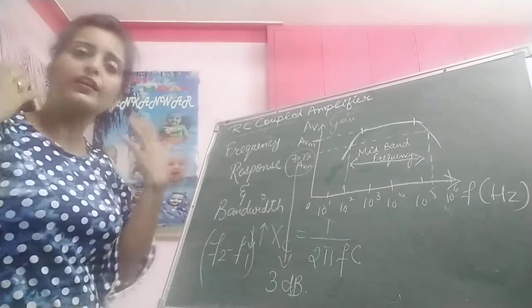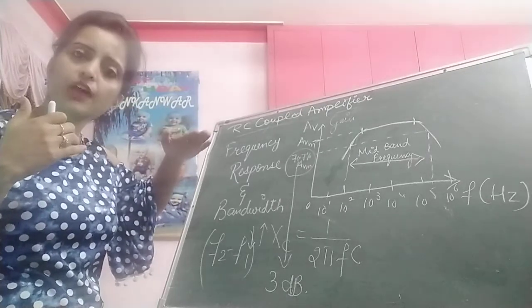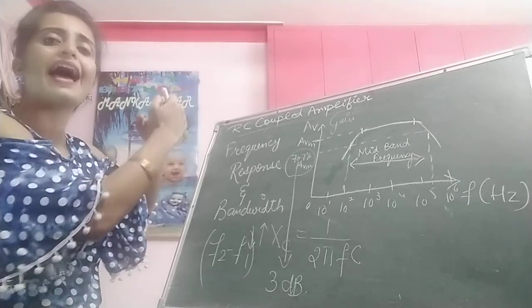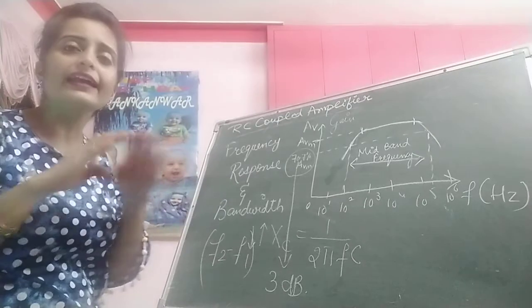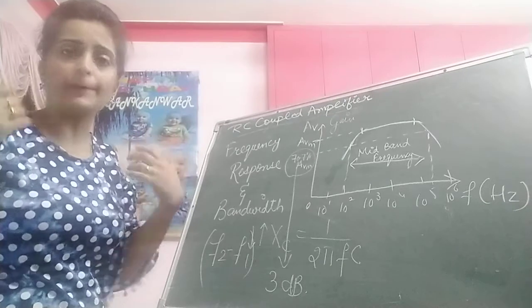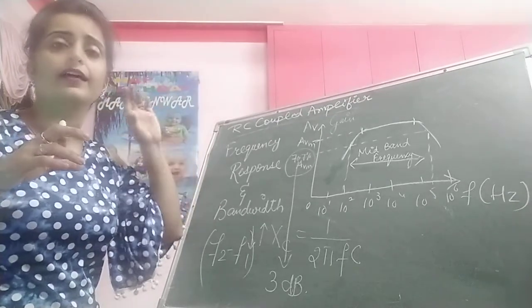Our ears will consider the 70.7% level of the sound and the 100% level as the same. We do not consider any difference, and our ears do not accept any change between those two levels.